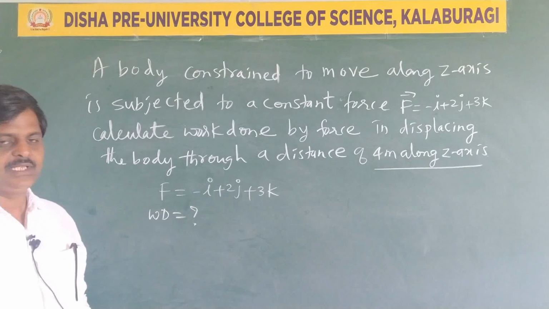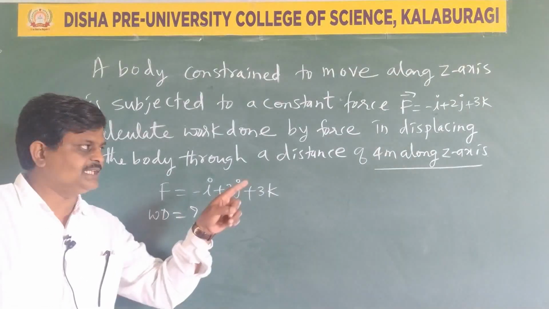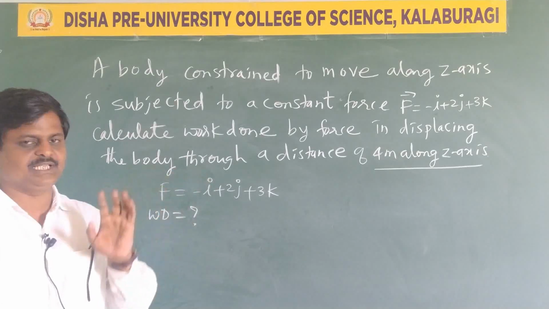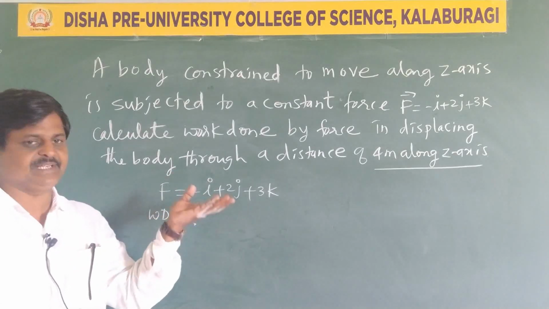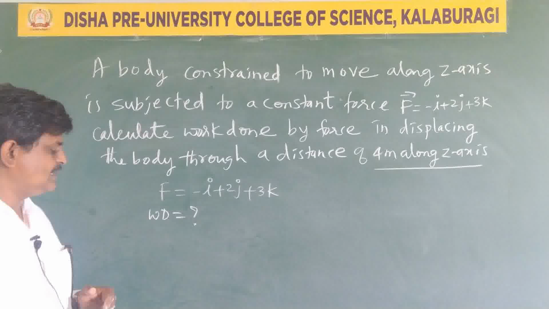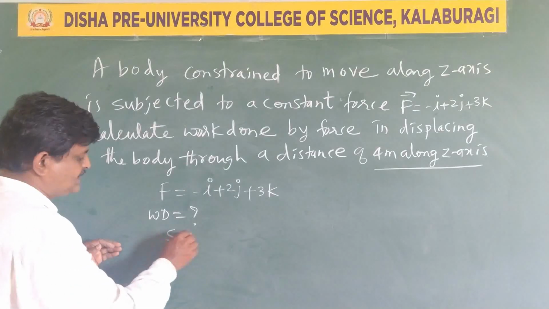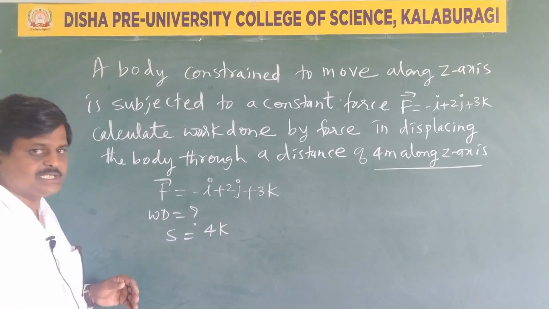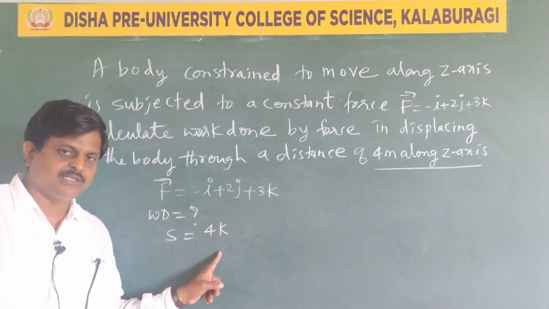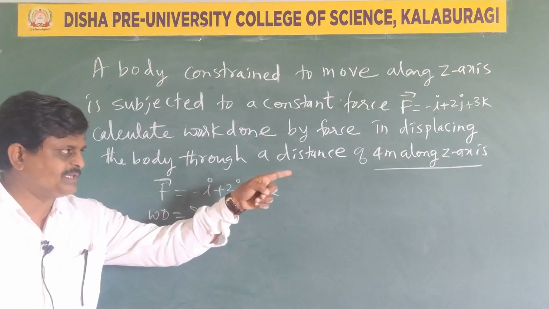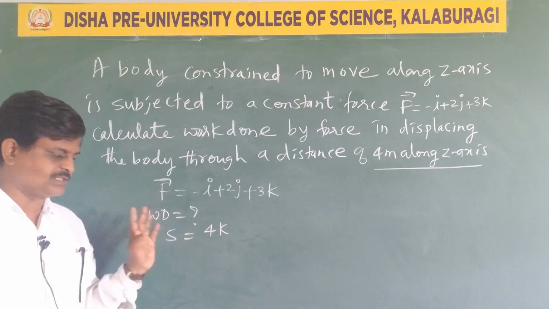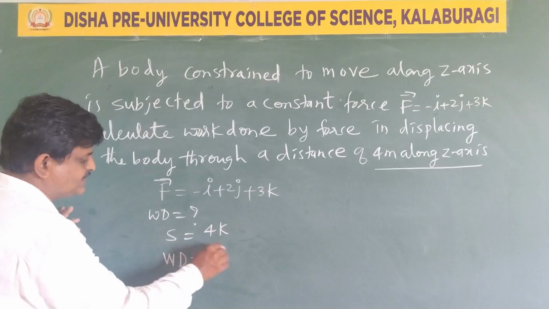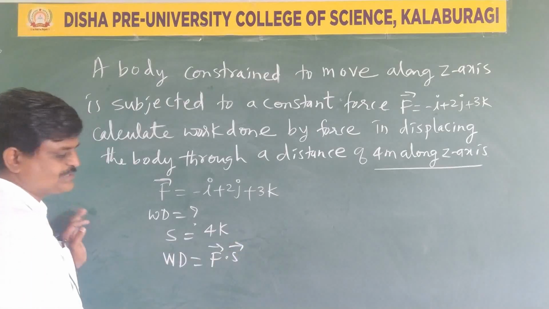See, the distance with direction is given. How do you write 4 meter along the z axis? Which vector specifies the z axis? The k vector. Therefore, how to write the displacement vector? 4 meter along the z axis. This is how you can write that statement in vector form. The next step is very easy. What is the work done? It is the dot product of force and displacement.